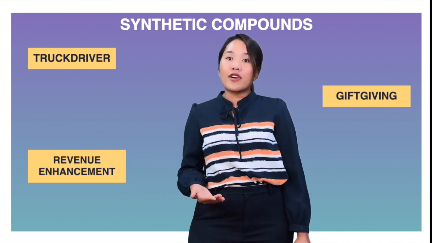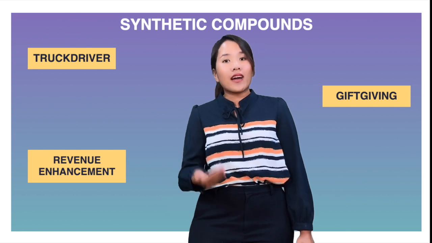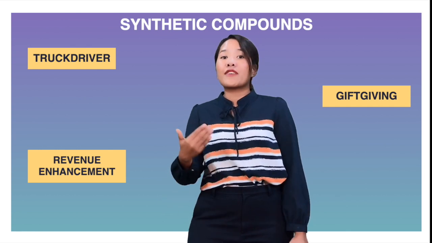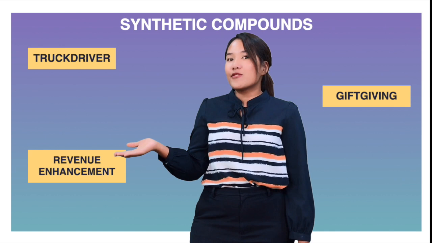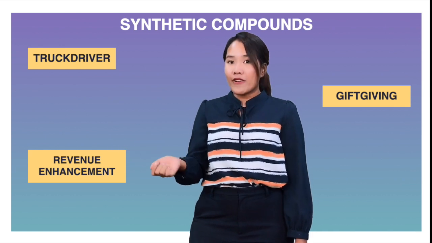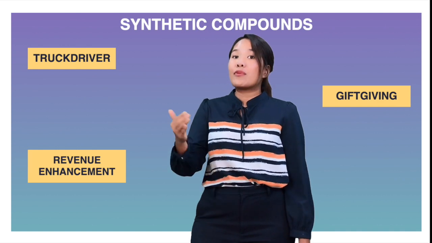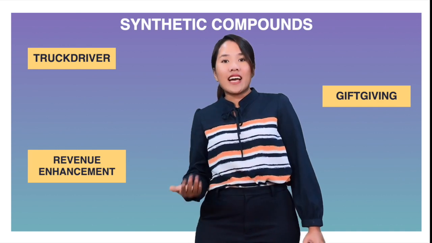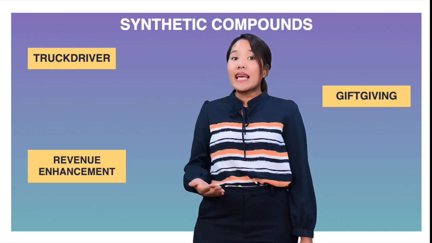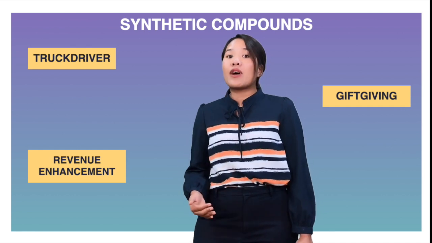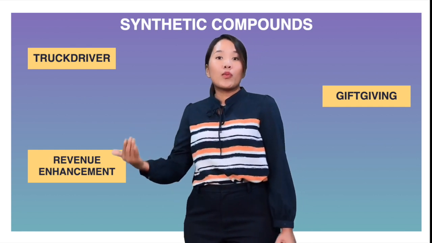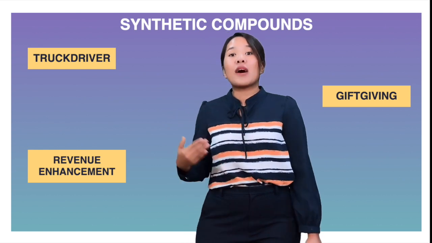These are synthetic compounds because one of their elements is a verb derivation, as in the case of truck driver. We have driver, which is derived from a verb: the verb drive comes first, before the derivational bound morpheme er is attached to derive the noun driver. This is what we refer to as derived from a verb.